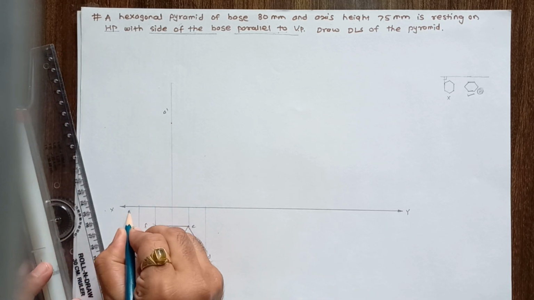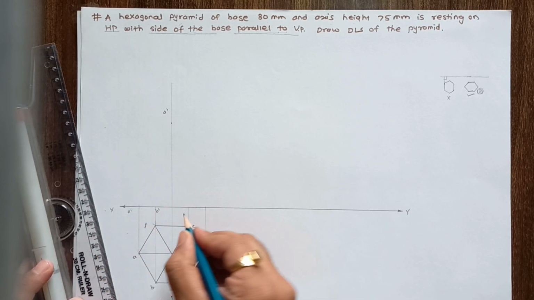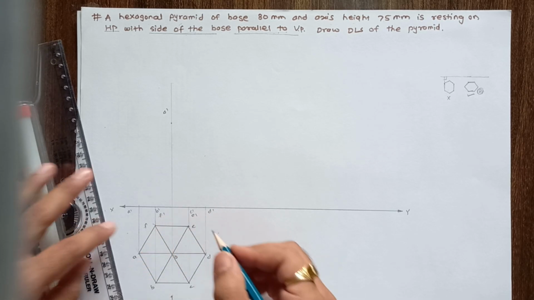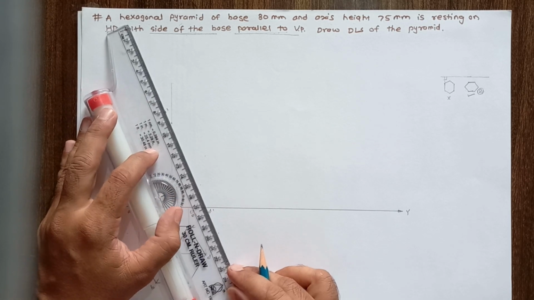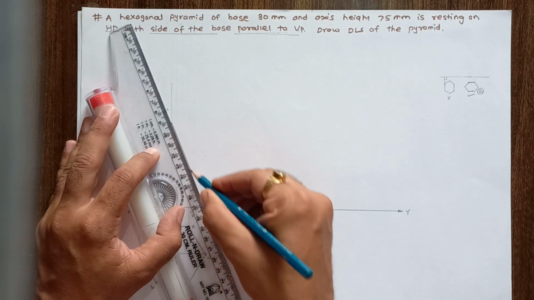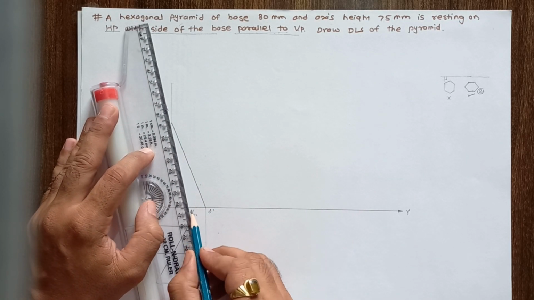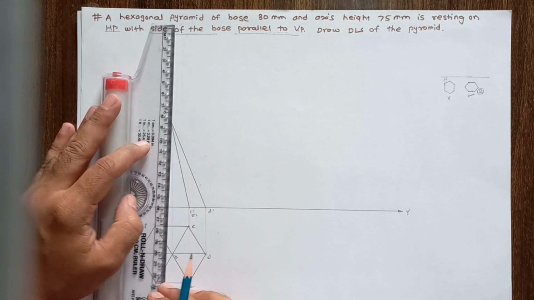Now give the naming. This is A dash, B dash, C dash, E dash, and F dash. Join O dash, A dash by using thick line. Join O dash, C dash using thick line.